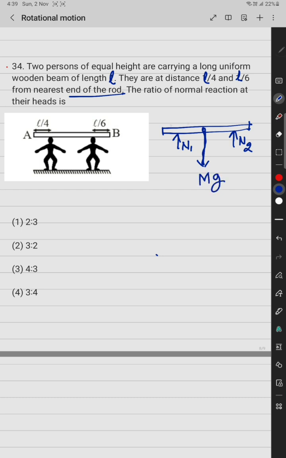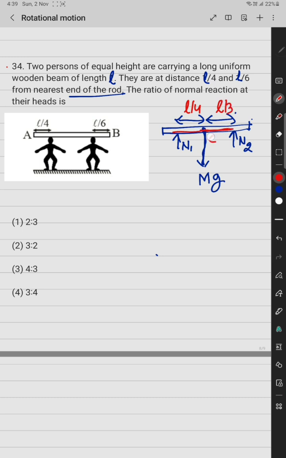The distance from the end is L by 4, so this distance is also L by 4, and this distance is L by 6, meaning the remaining distance from the center of mass to this one is L by 3.